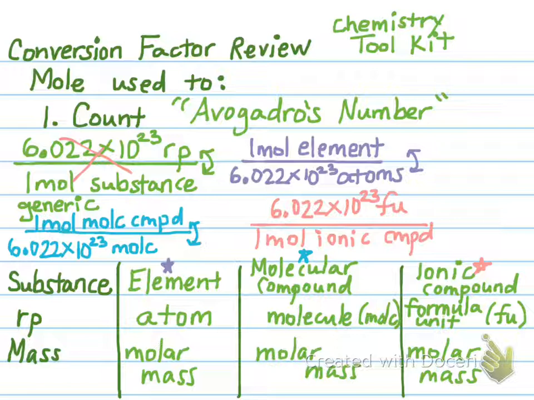And again, the advantage of these is that I can flip them depending upon where I need my units to be. That's the advantage of all conversion factors. So you should have these 3 tools on your chemistry toolkit. We will use them some, probably not as much in this chapter as we did back in chapter 7.